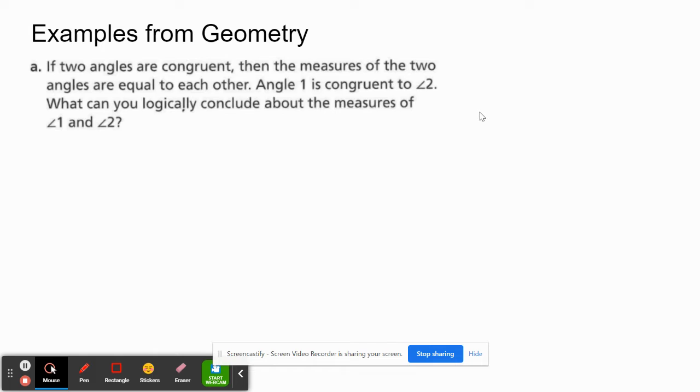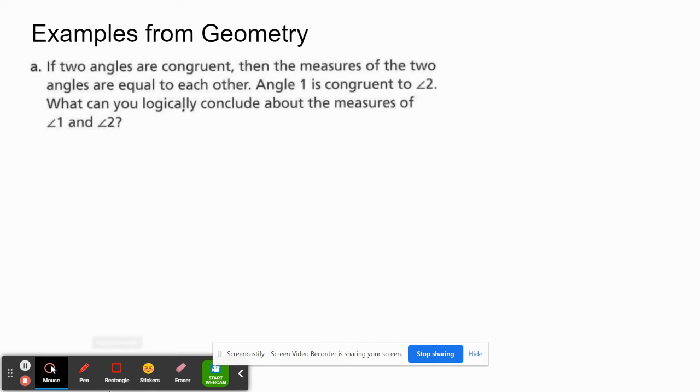Some examples from geometry. If two angles are congruent, then the measures of the two angles are equal to each other. Angle 2 is congruent to angle 1. What can you logically conclude about the measures of the angles?